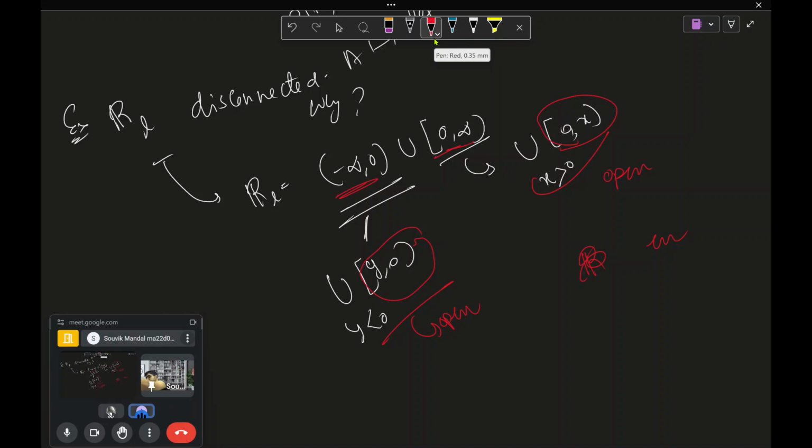So what was R_L? It means R with the lower limit topology. Can you remember the definition of the lower limit topology? What is the definition of this?